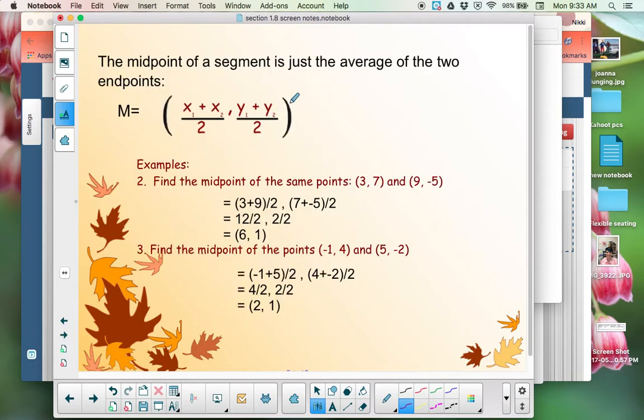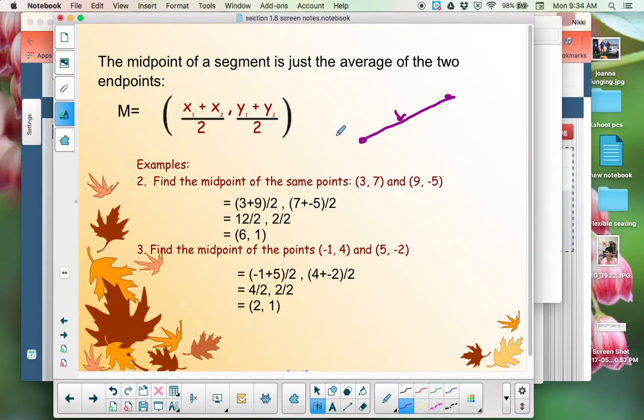The other formula we're going to learn is the midpoint formula. The midpoint formula is based on the idea that if you're given 2 points and you want to find the point that's directly in the middle of those 2 points, it's just the average of those 2 points.